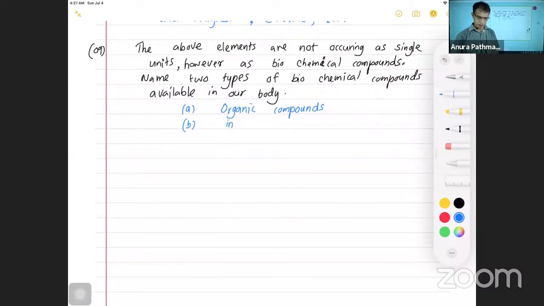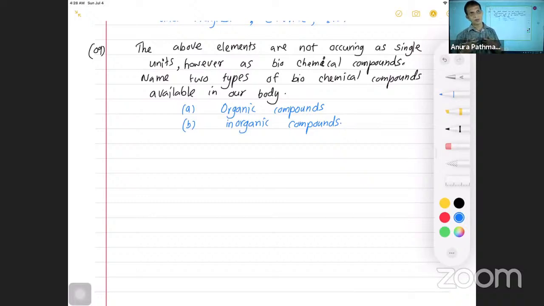So if you say organic compounds, to make it an organic compound you should necessarily have carbon, and most of the time hydrogen, and sometimes oxygen, hydroxides, and halogens like chlorine, iodine, bromine. If all those are available, we call them organic compounds.